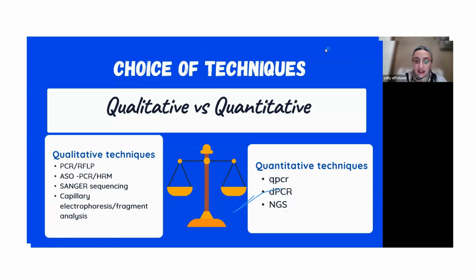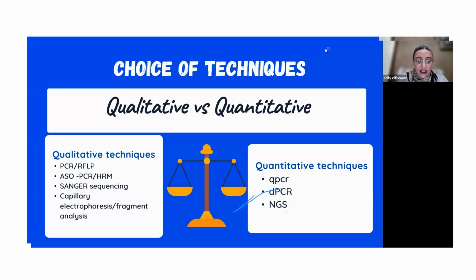The qualitative techniques give us a yes or no answer: if a mutation is found or not, and what the mutation is. So it doesn't give us any quantity-like information.